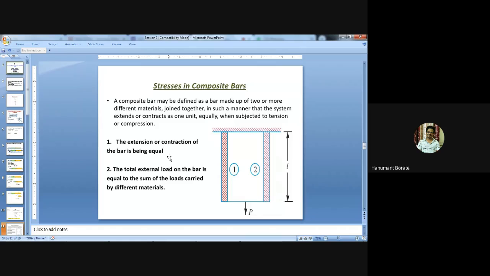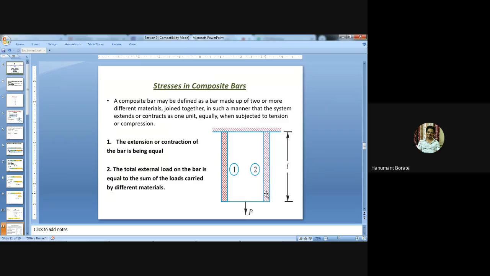The most important assumption is that the extension or contraction of the bars is equal. That is the main assumption whenever the system is composite and in parallel. Suppose here we use a steel material and here a rubber material.